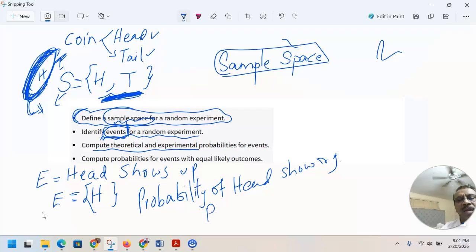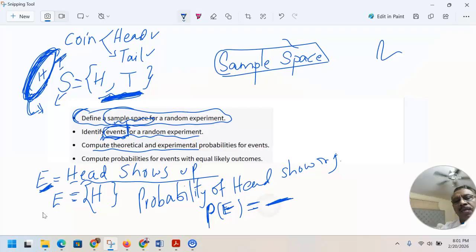The shortcut is P, and the event E is that the head shows up. So we use this symbolic way: P of E, where E means the event, head showing up. This probability is always a ratio.